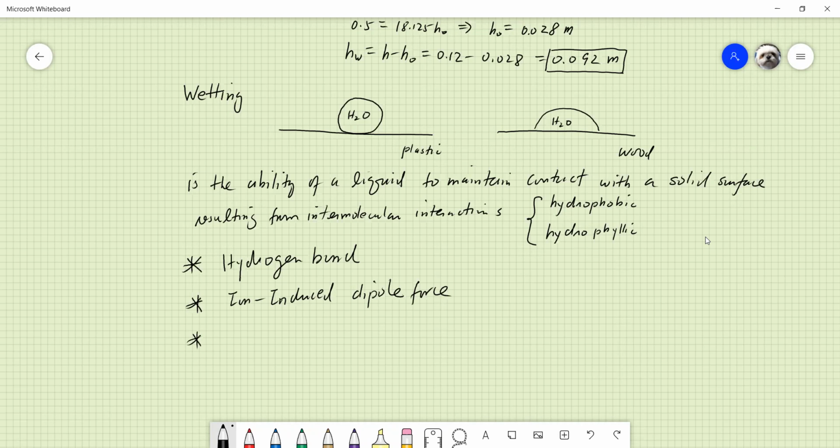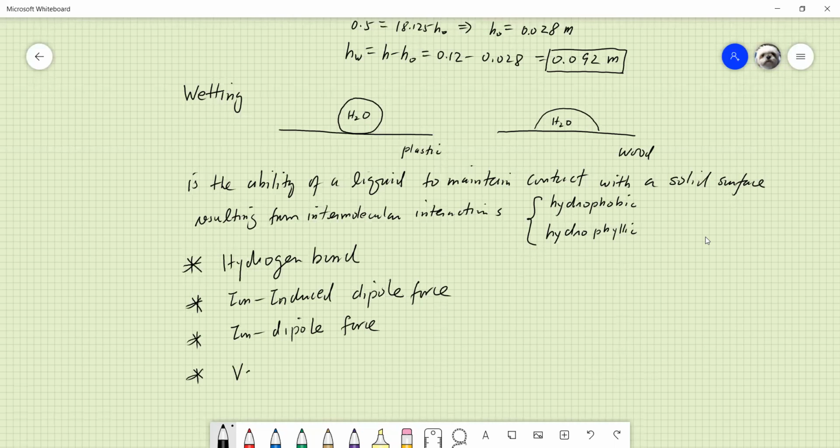Another one will be the ion-dipole force. We're going to talk about the dipole force in 1308. And the last one, depending on whether they wet, is the van der Waals force.